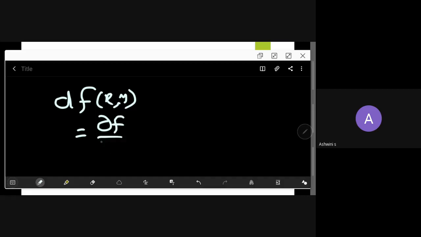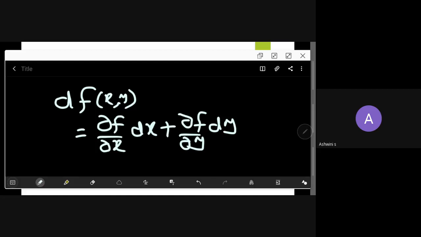I'm talking about a function of two variables. This is nothing but ∂f/∂x into dx plus ∂f/∂y into dy. This is actually called the chain rule.